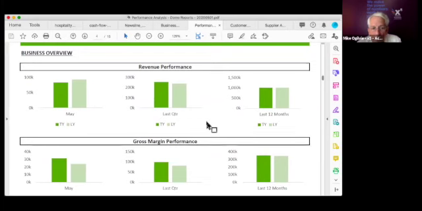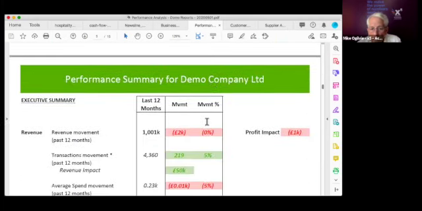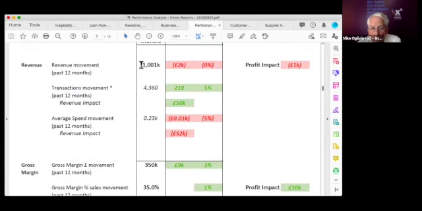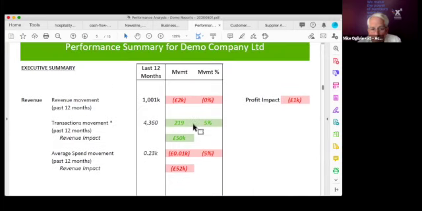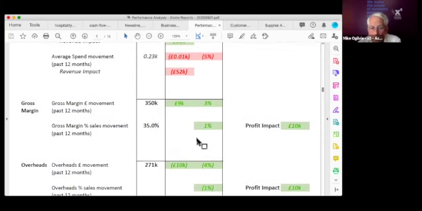And then it just turns it into graphs and breaks down this information in terms of, say, our 1 million revenue, the movement percentage based on transactions. So we've actually got a profit impact of 1,000 less. So why is that? Because of the number of transactions, we made 50,000 more, but we had 52,000 less because we actually reduced our prices.